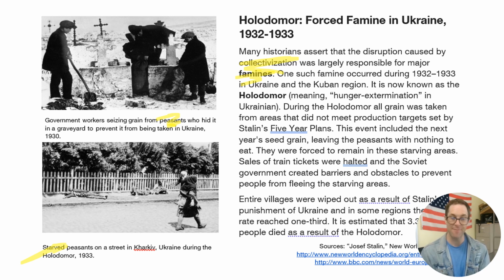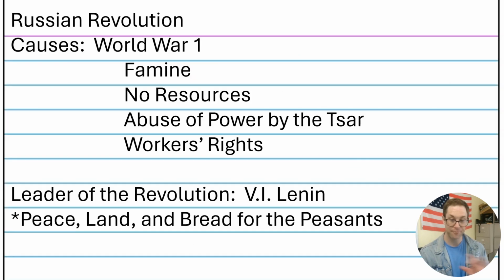So we have a famine that did not need to happen. I highlighted some of the words that repeat themselves, like peasants and starved and famine. You could see in the picture people burying friends in their graves, people lying dead on the street. This was considered a human rights violation because it was forced and did not need to happen.